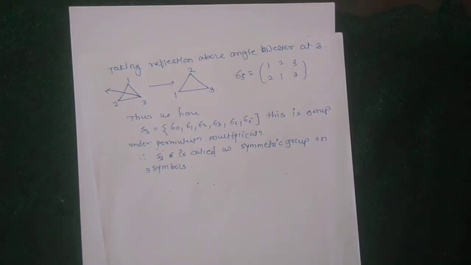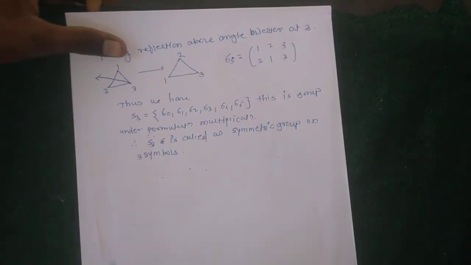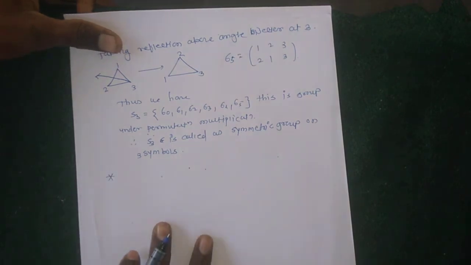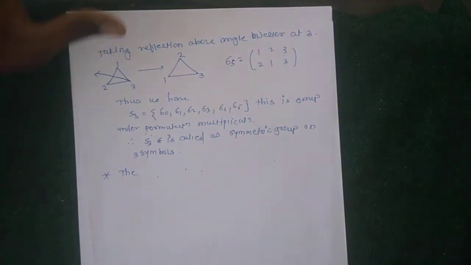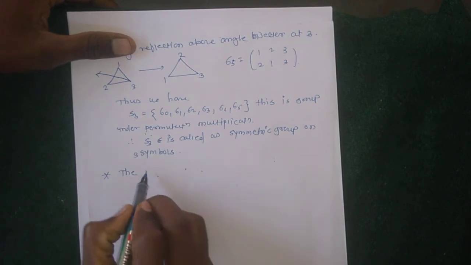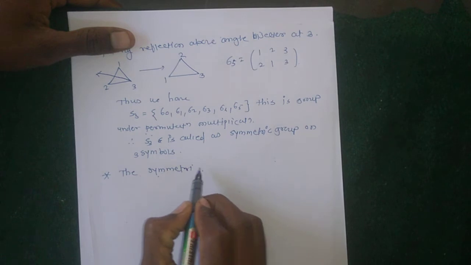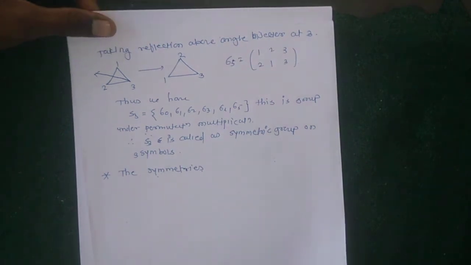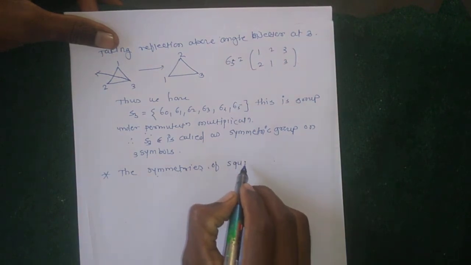Then another example is the dihedral group. This is the symmetric group. Then next is the dihedral group, the symmetries of a square. This triangle is called the symmetric group, the symmetries of a triangle.